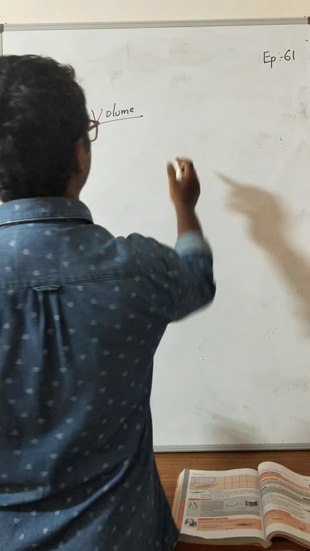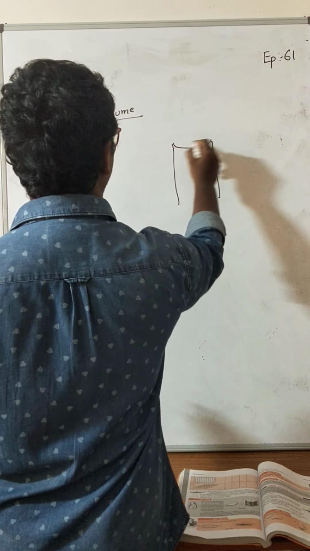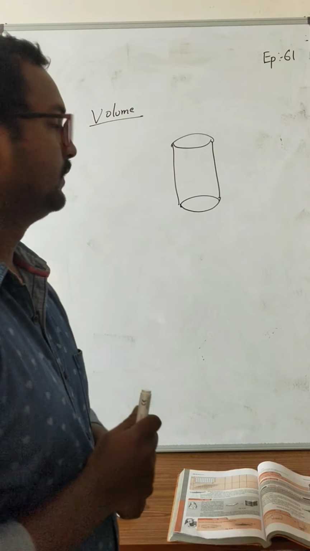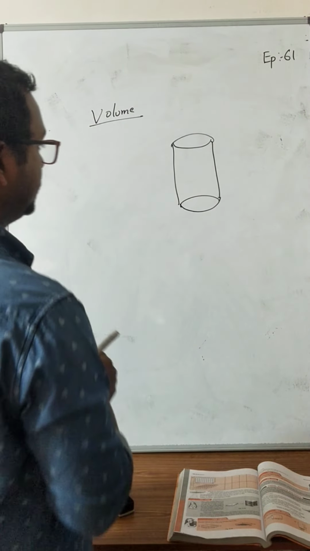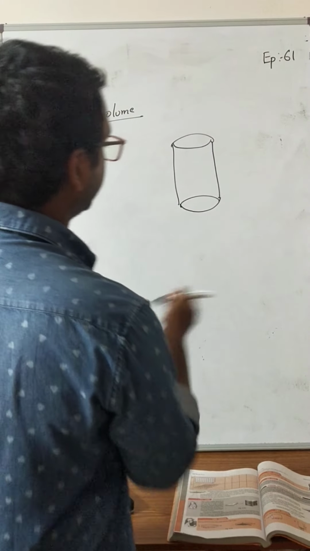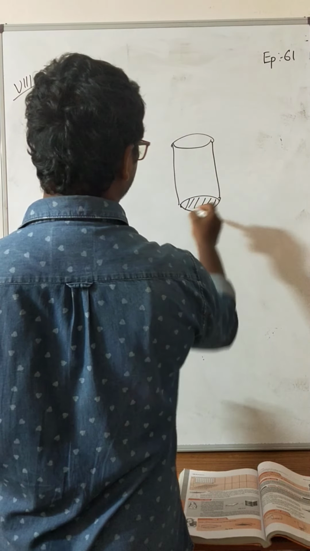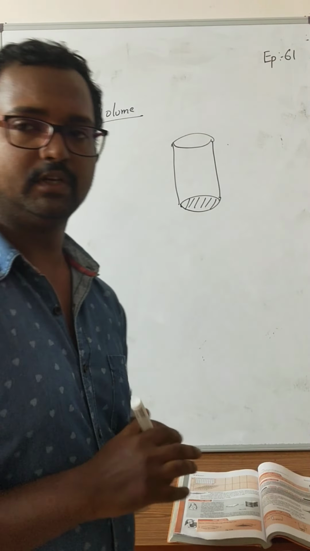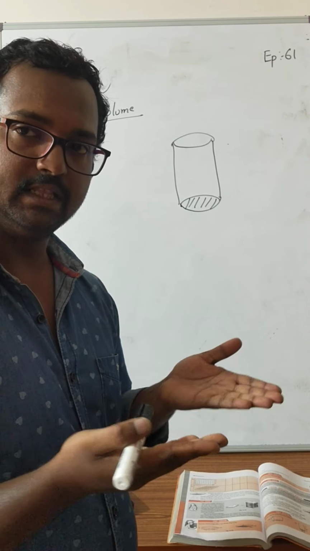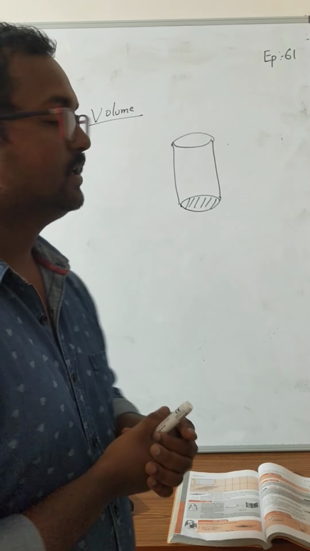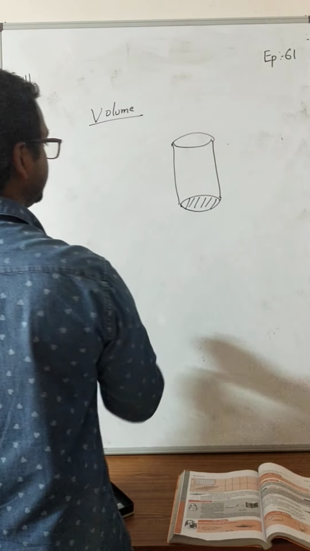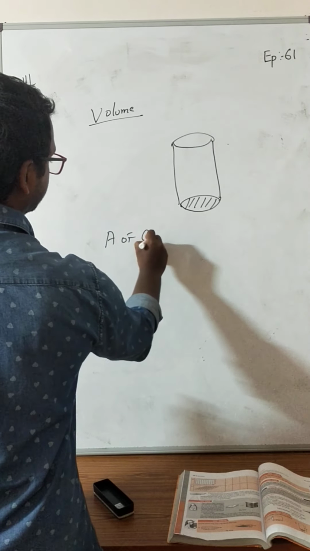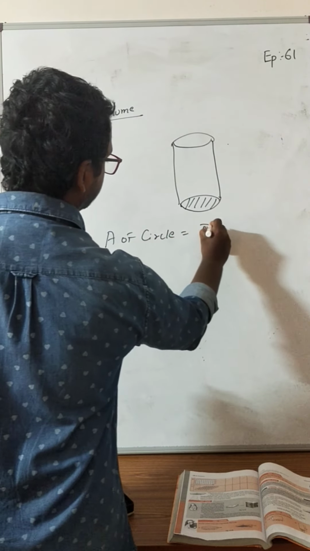Now we will talk about the volume of cylinder. To find the volume, you have to find the area of the base and multiply that with the height. You will get the volume. Whichever figure you have, you have to find the base and then multiply it with the height. So here, this is a circle. What is the area of circle? Area of circle is pi r square.